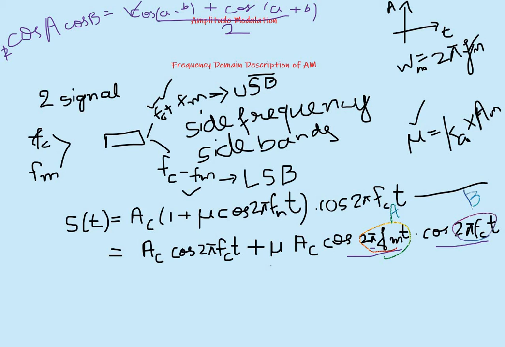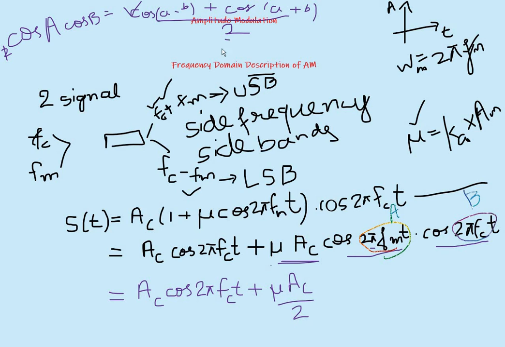After putting it, we'll get our equation like AC cos 2 pi fc t plus mu AC by 2, because we are not making any changes here.